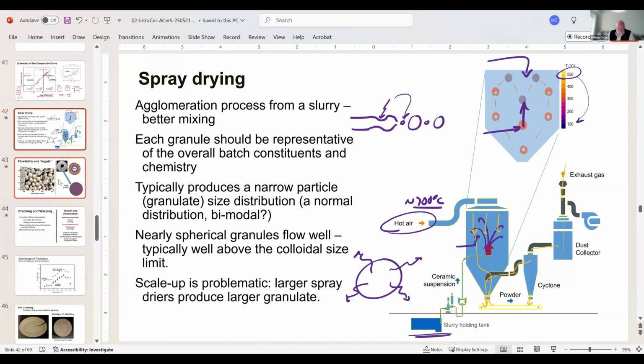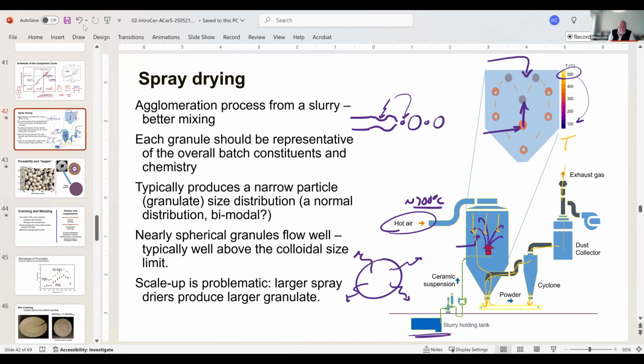This configuration that we see here, okay, and by the way, you can control the moisture content by the rate at which you inject spray. You can control it by the inlet temperature, but the outlet temperature is a response, not a variable.